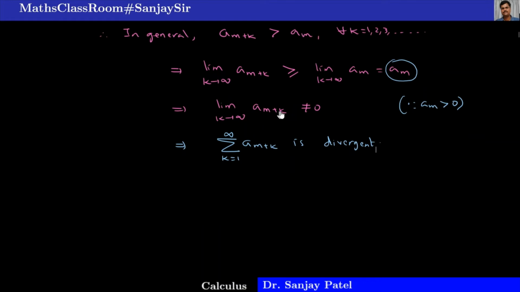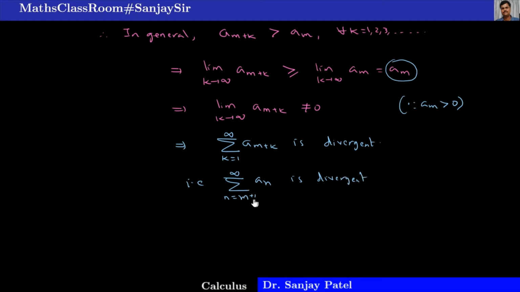If the limit of an is not equal to 0, then sigma an is divergent. So we are using that first basic theorem, and this means we can also write that sigma from n equal to m plus 1 to infinity of an is divergent.